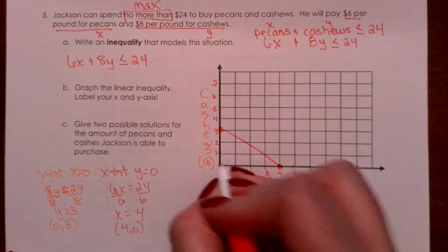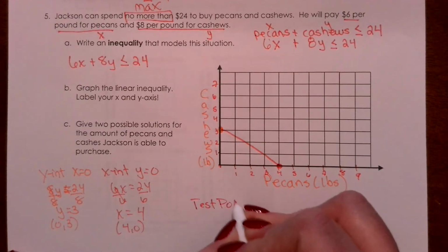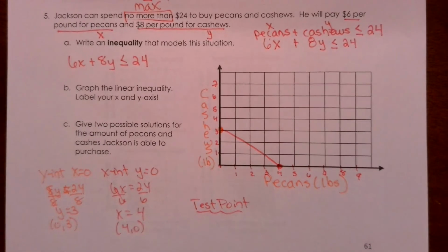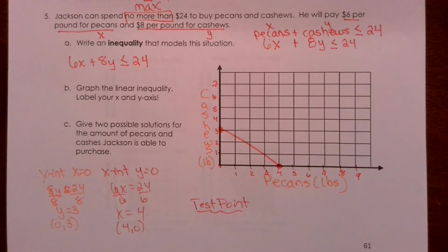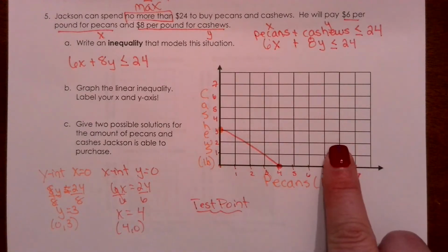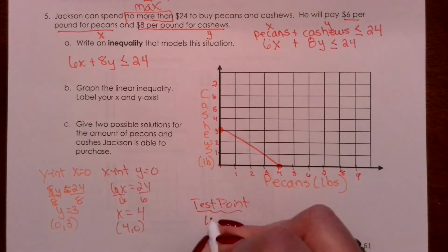Now I'm still going to use my test point of 0, 0. But before I even do that, I want you to logically think. If he's spending at the most $24, do you think options above this line are going to work? Just kind of ponder that. And let's go see if your thought process about that is true or not.